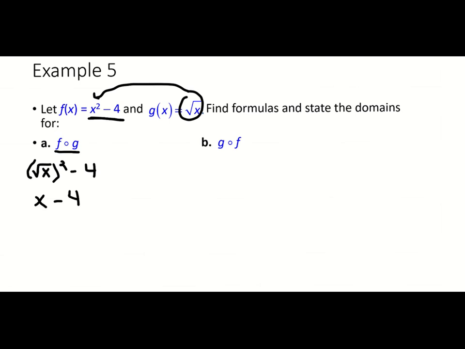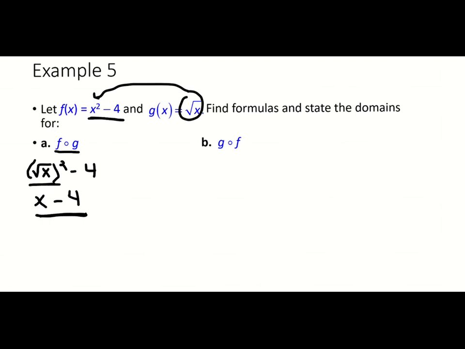So if I'm going to simplify or look at my domain here, if I look at the answer, in this case, it looks like, hey, I can do anything I want. But if you go back to the original functions, we do know that for the square root of x, which we did plug in here, we cannot plug in a negative value.